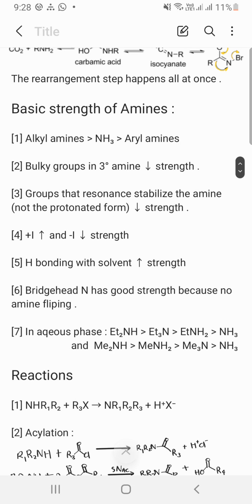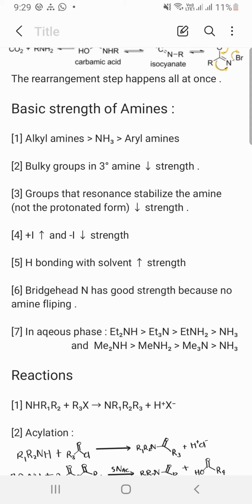Basic strength of amines: alkyl amine, then NH3, then aryl amine. Guess why that is? In aryl amines the lone pair is in resonance, so resonance stabilizes the whole thing, but when you put H+ on that lone pair, it cannot do resonance anymore, so the resonance energy decreases, and that's not good.